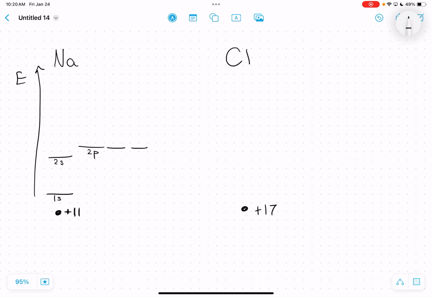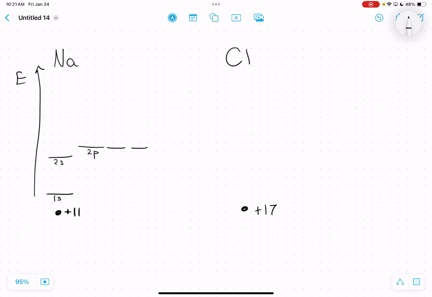You don't have to know like L equals 0, M sub L equals whatever. We don't have to know it to that extent, but you do need to know that the number that I'm writing here, 1s, 2s, 2p, represents n, which is the principal energy level, which tells us how far away from the nucleus these places where the electrons can be are.